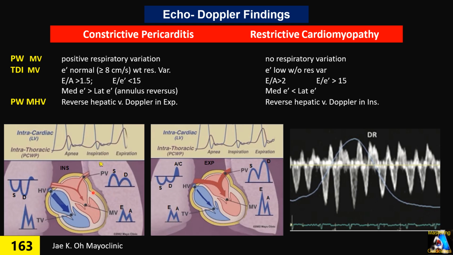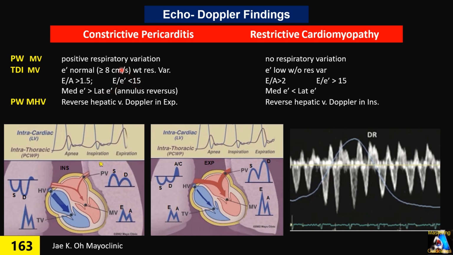In those cases where the lateral is not severely involved by adhesion or fibrosis that restricts movement of the lateral annulus, lateral will still be higher than medial. That is about 10 to 20% of cases.